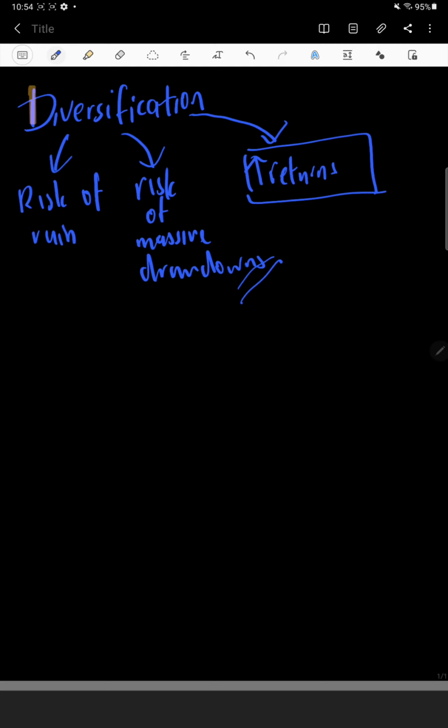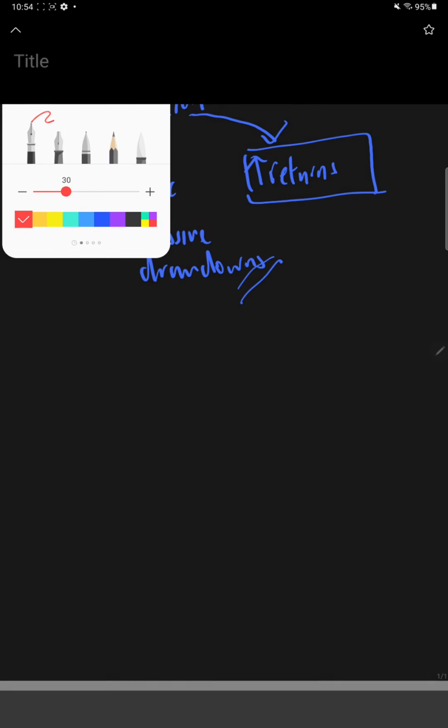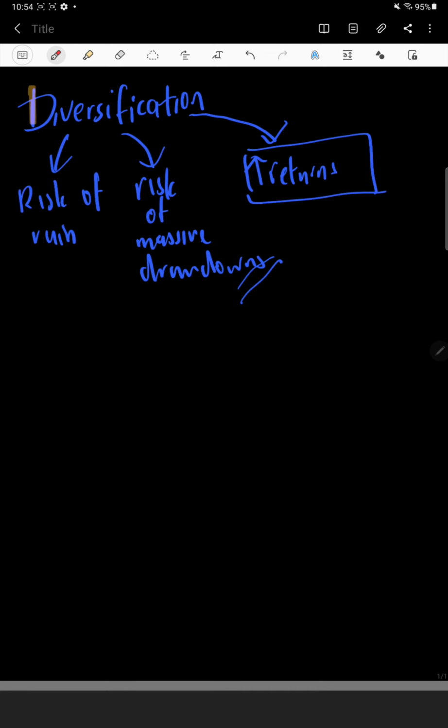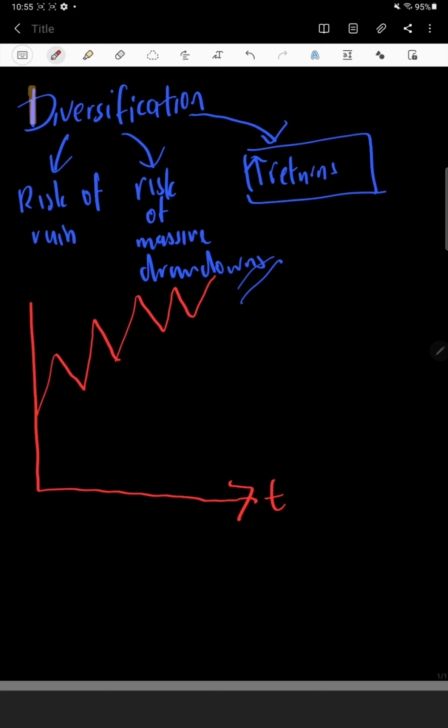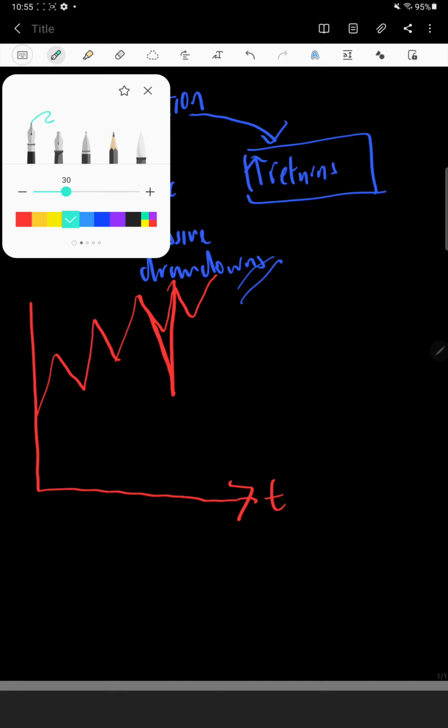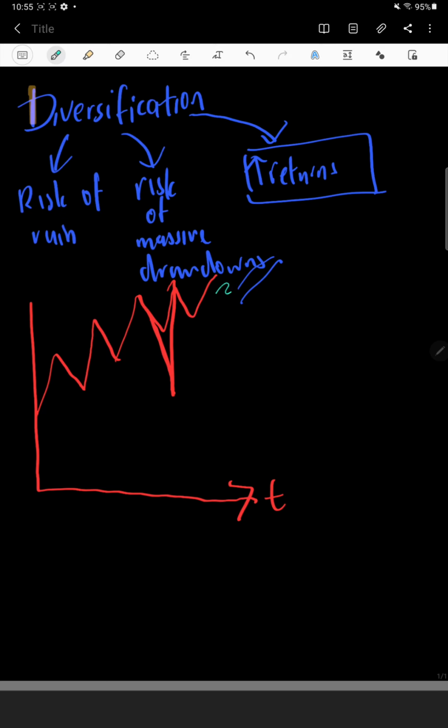So let me give you an example. Let's say you have two return streams across time, Zix and Zax, right? And maybe during this period there is a massive correction and it goes down significantly. This could be stock one or portfolio one, right?